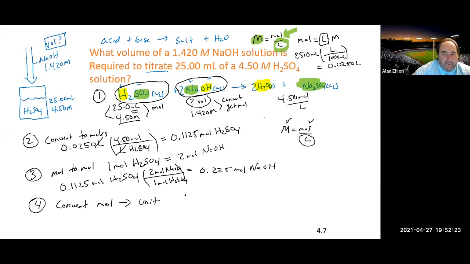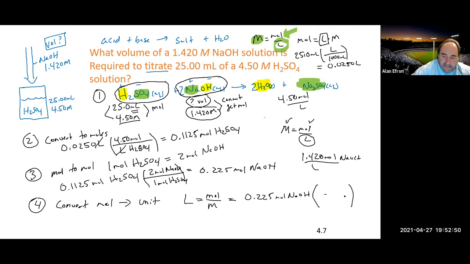So our last step would be our liters equals moles divided by molarity, which means the moles we just calculated for our sodium hydroxide, using the molarity of the sodium hydroxide as a conversion factor, 1.420 moles per liter of sodium hydroxide. Here we're actually going to divide by that molarity, putting the moles on the bottom per liter of sodium hydroxide.